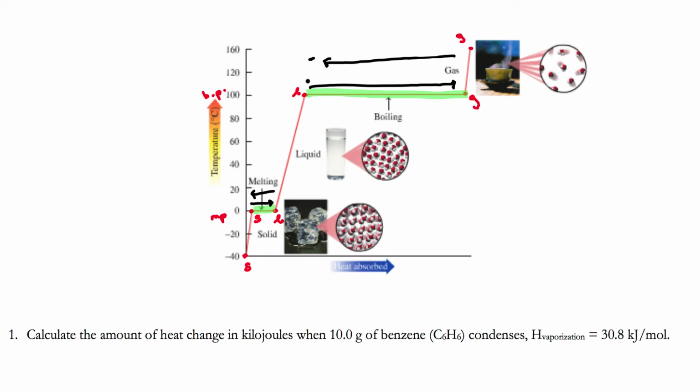So it's going to be negative when it goes that way, positive when it goes this way. Last concept, when I'm trying to calculate the heat that's involved in melting or freezing, we use what's called the heat of fusion. Meanwhile, when I'm vaporizing or condensing, I'm going to use what's called the heat of vaporization.